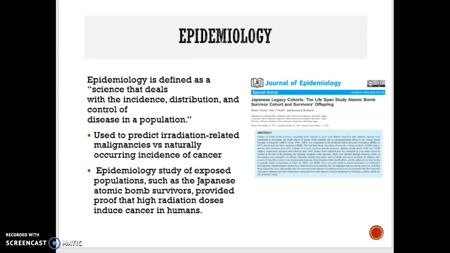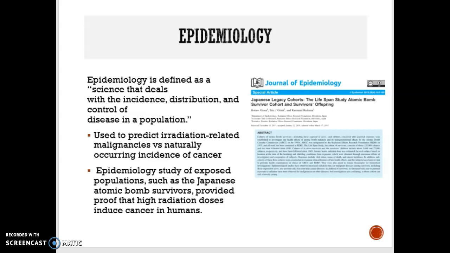So let's start off with what epidemiology is. Scientists use the information from epidemiologic studies to formulate dose-response estimates and to predict the risk of cancer in human populations exposed to low doses of ionizing radiation.